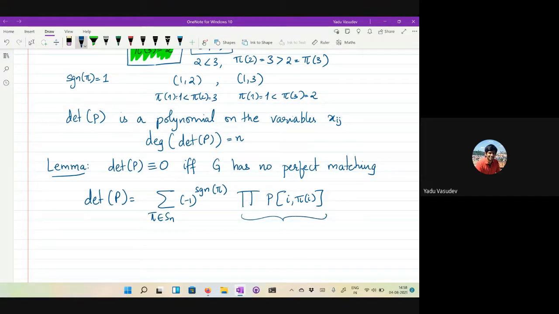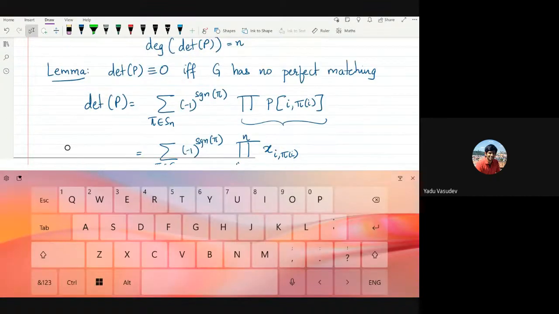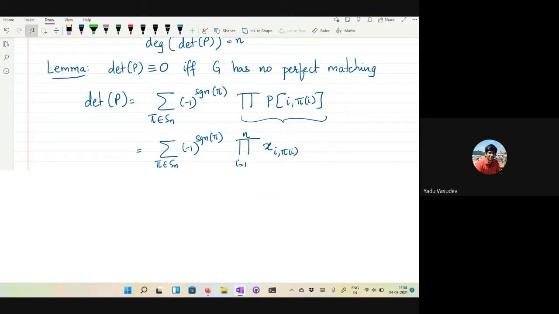Another way to write this is summation over pi, an element of Sn. A non-zero monomial of this polynomial would look like this: it is something like the product of x_{i, pi(i)}, with i going from 1 to n. This is what the polynomial will look like.